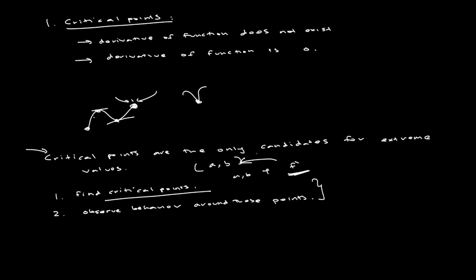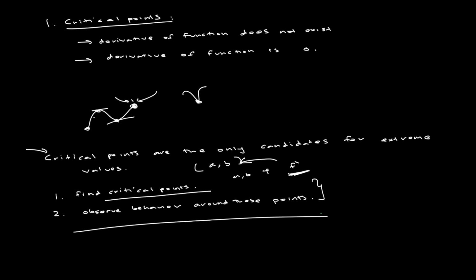And once we have found those critical points, we then do this observation step, and the observation step will help tell us whether a certain point is a local min, local max, global min, global max, or none, which is possible. It could just be a red herring for a critical point. And that's a lot.